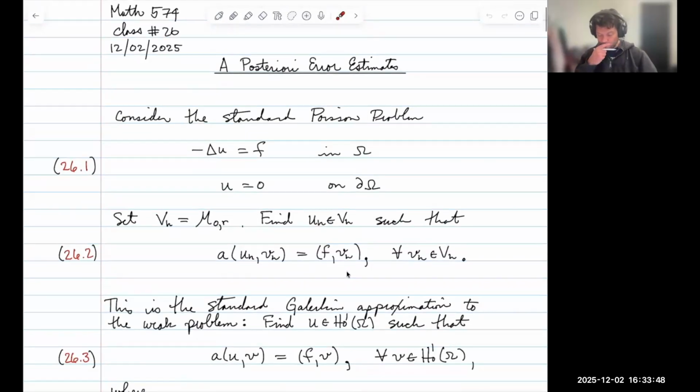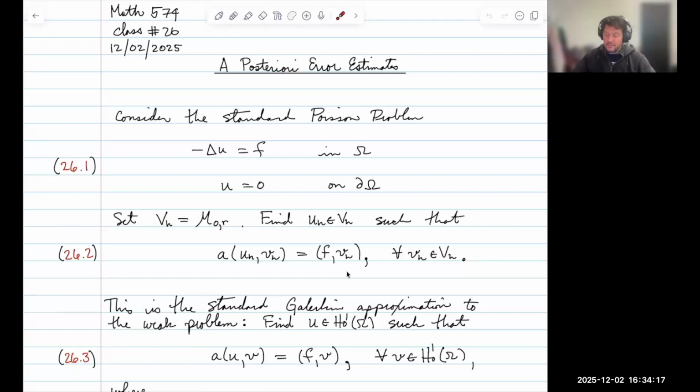In any case, what's the problem here? So the problem with a posteriori error estimates is we want to know how good of a solution we've computed with our finite element approximation. So is there some way of being able to tell how good of a solution we have? We have what are called the a priori error estimates.